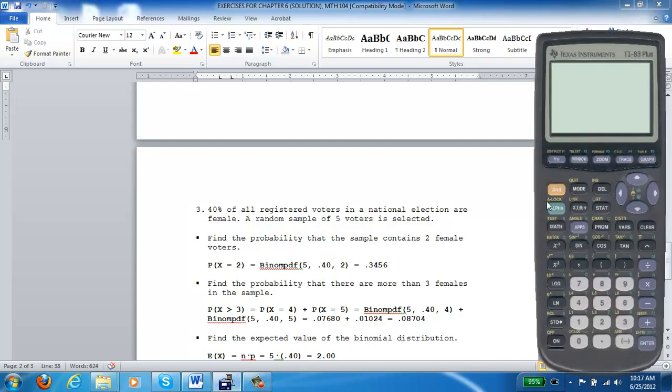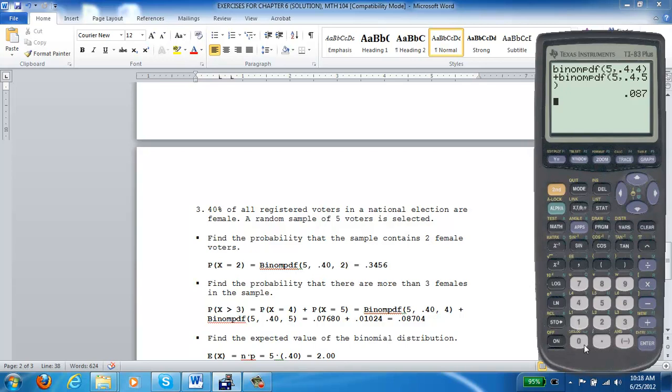Let's go to use the graphing calculator again. So we go to second, variables. Again we go to 0, binomial PDF, and then we have 5, 0.4, 4, when x is equal to 4, close the parenthesis, plus second variables, we go to 0, so we have 5, 0.4, 5, close the parenthesis, click enter.